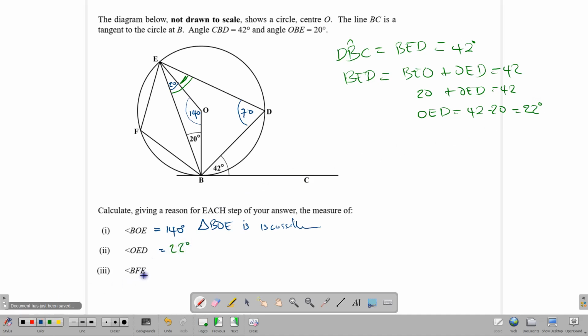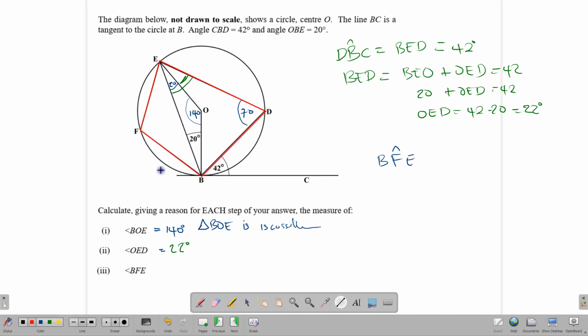Let's go to the other question, BFE. All right, so we want BFE. First notice that this shape, here we go, is a cyclic quadrilateral.